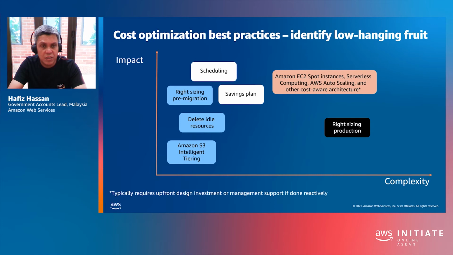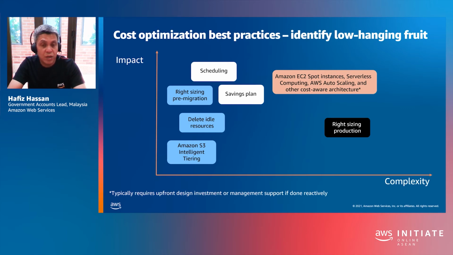So these are the low-hanging fruits that you can target as part of your cost optimization. Do right sizing, make sure that you have the right storage tier based on the right data access pattern. Use a scheduler to configure auto start and stop of your services, in this case EC2 and RDS, based on the profile of your workload, especially for dev and test environments where you do not need to run 24/7.